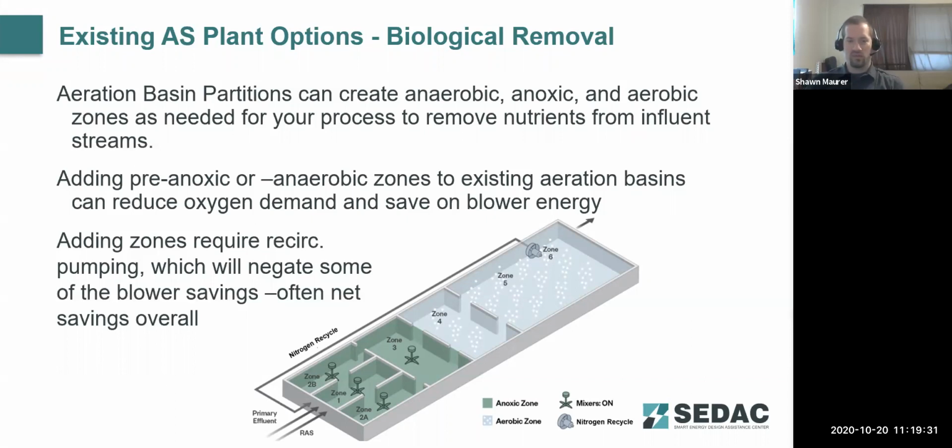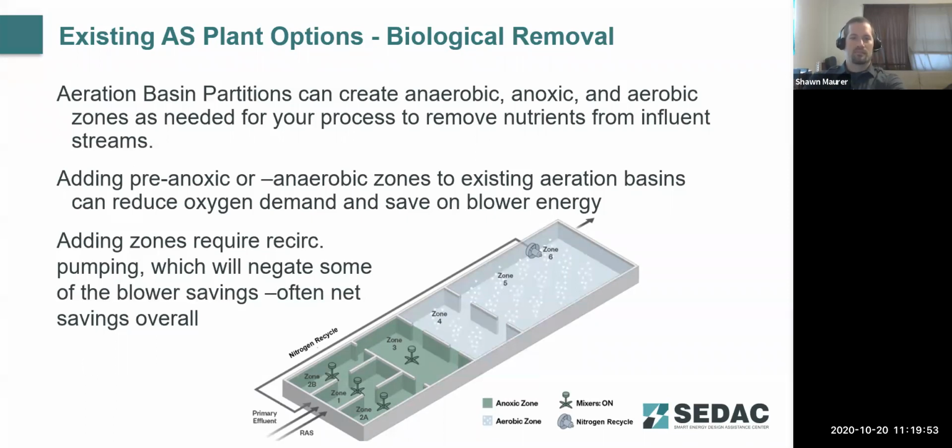We've seen a few plants that have added in an anaerobic zone first in order to start growing those phosphorus absorbing organisms. So you can take an existing aeration basin and separate it into those three basin types: an anaerobic basin, an anoxic basin, and then an aerobic basin.